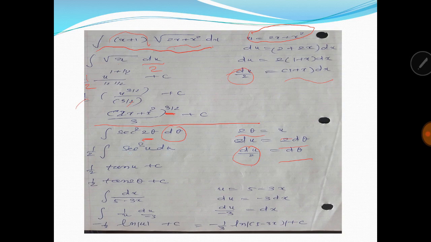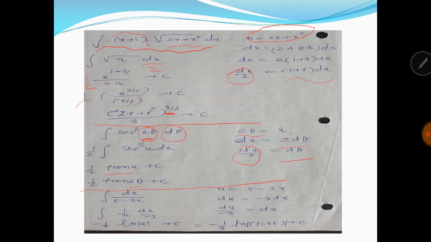Now the integration of sec square u is tan u. So that's the easy way you can do it, because you don't know the integration of sec square 2 theta, but you know the integration of sec square u. That's why we replace 2 theta by u, and then you replace u again by 2 theta. That gives you this final answer.